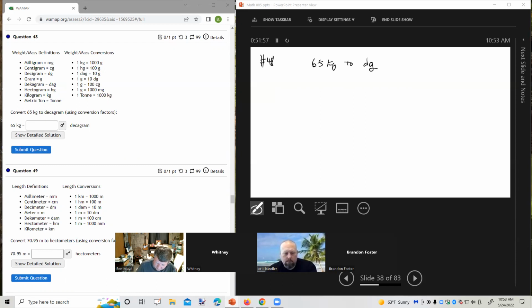Okay. So I'm going to go from kilograms to grams, and then grams to decigrams. Okay, 65 kilograms, kilograms to grams, grams to decigrams. 1 kilogram is 1,000 grams.